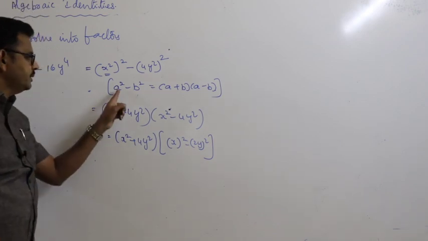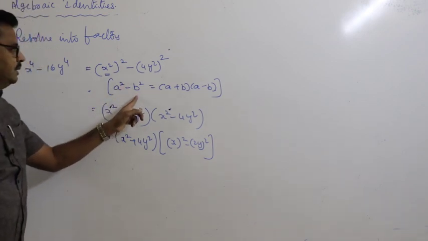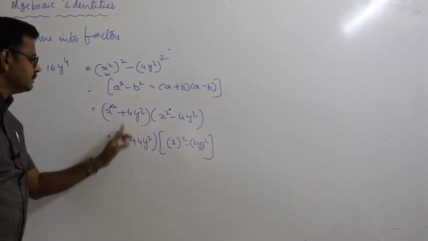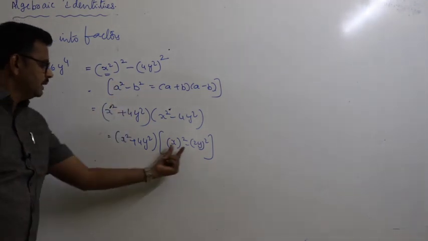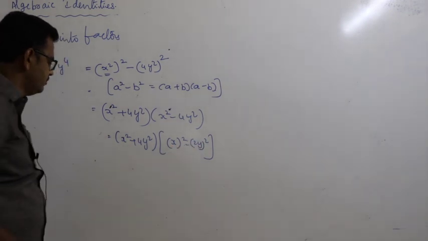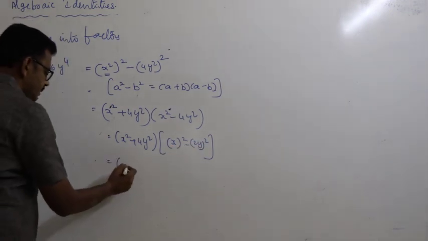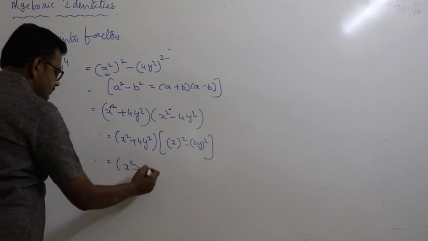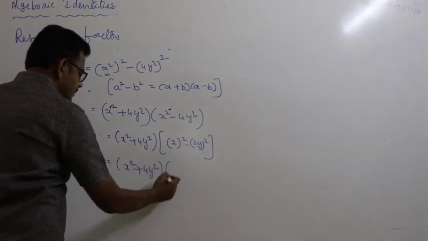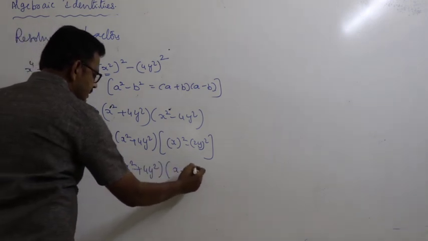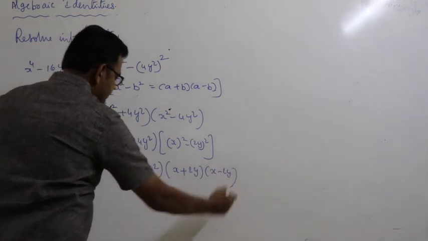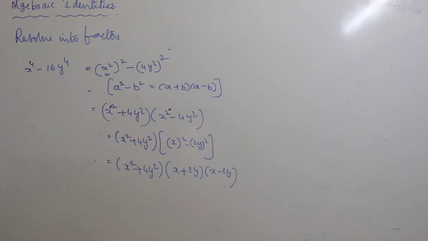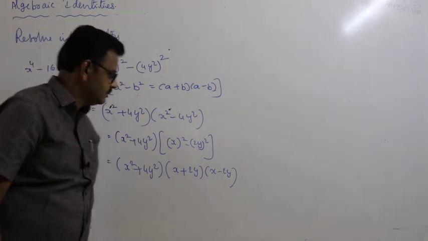There is a formula for a square minus b square, but there is no formula for a square plus b square. So again this is a square minus b square form. That is x square plus 4y square into x plus 2y into x minus 2y. So these are the factors.